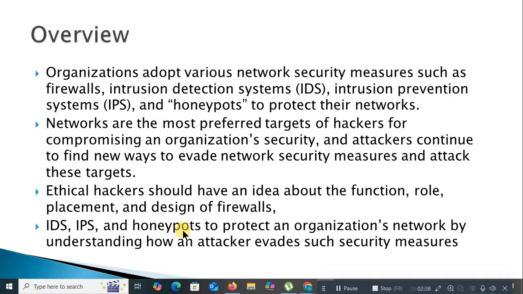What does honeypot mean? Suppose there is a website, flipkart.com. Generally, hackers want to attack Flipkart. What do the ethical hackers or cyber security engineers do? They create an application that looks the same as Flipkart.